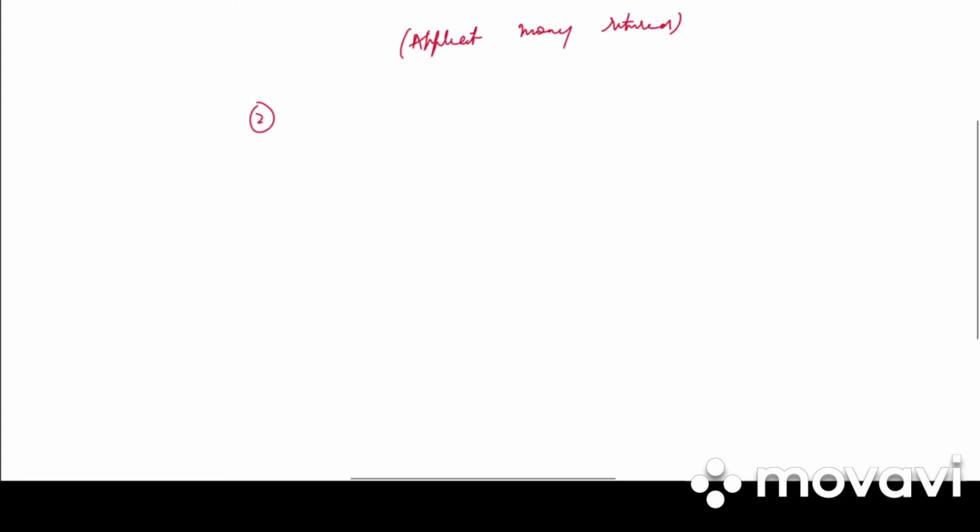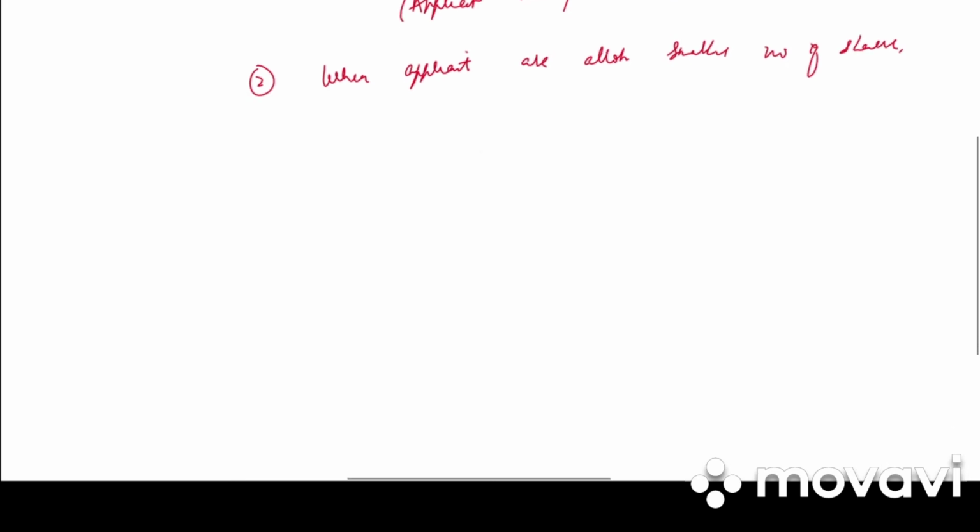Next we have the second entry. When applicants are allotted a smaller number of shares, comma, the excess amount received on application is utilized towards the amount due on allotment.